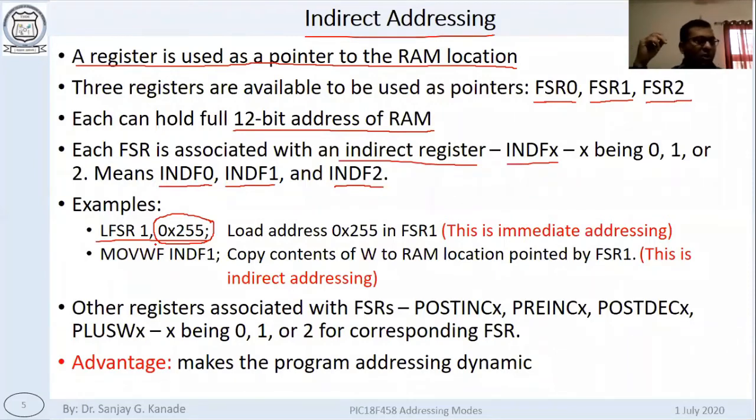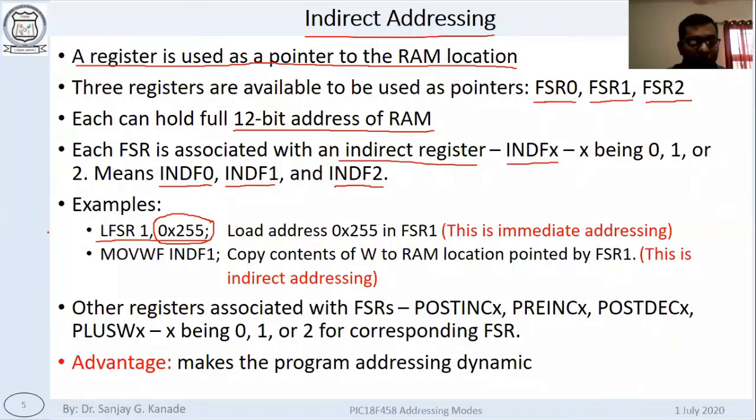I had given you a sample problem and asked you to solve it using the regular method, and then during the lecture I told you another way of solving the same problem using the FSR method, right? So that is what we are seeing here.